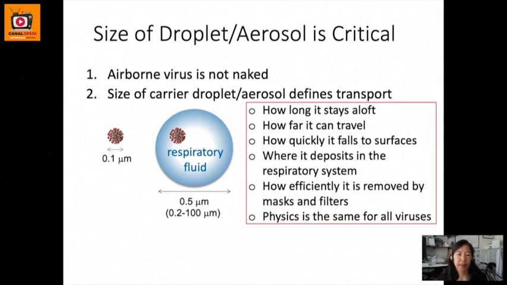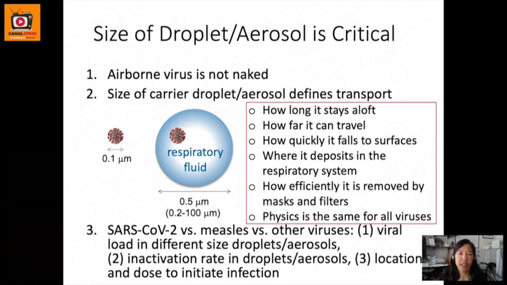Now, the differences between different viruses come into play with some other factors that have to do with the biology of the host, the pathogen, or the susceptible individual. So first of all, the viral load can differ between different viruses. Some viruses may end up having a much higher load in respiratory droplets.